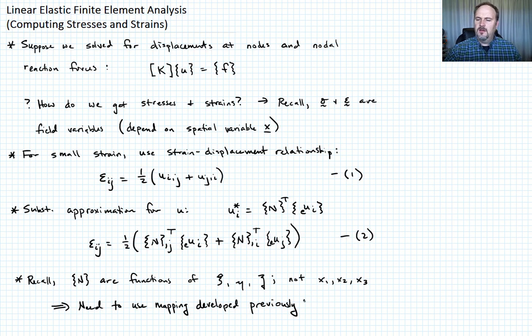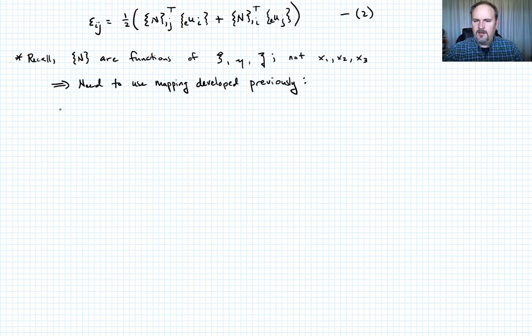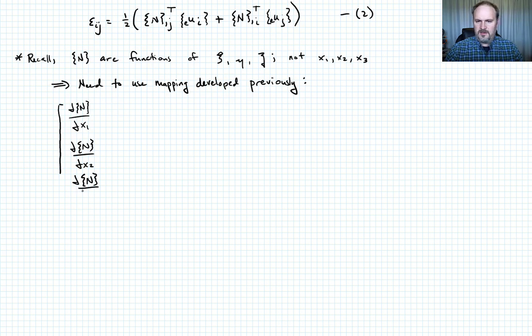Okay, and let me remind you of that mapping. If you remember back to that lecture, the mapping said that we could write the partial of N with respect to x1, the partial of N with respect to x2, and the partial of N with respect to x3.